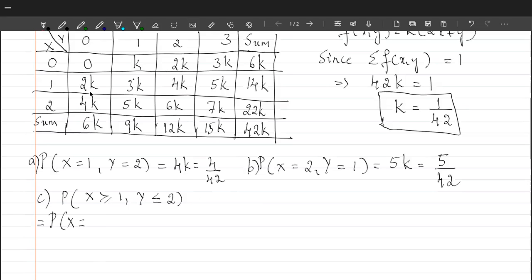Probability that x is equal to 1 and y is equal to 0. Plus the next case can be x is equal to 1, y is also equal to 1. So probability that x is equal to 1, y is equal to 1. This is next case. Then x can take the value 1 and y can take the value 2.